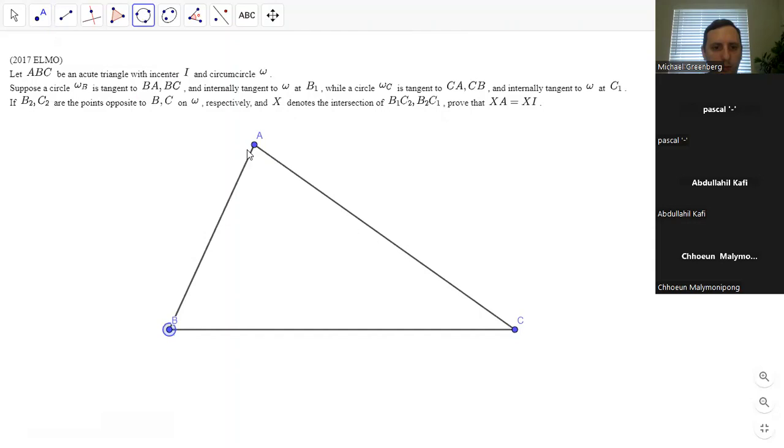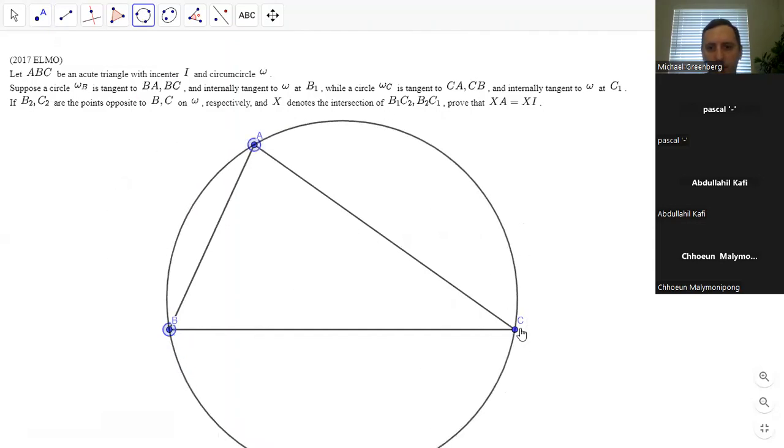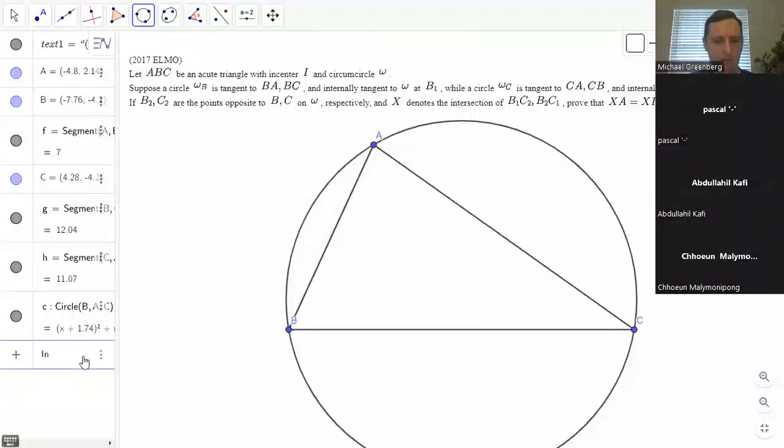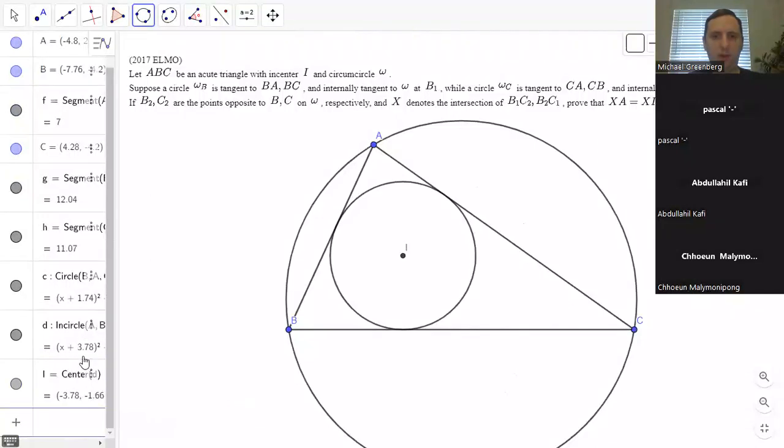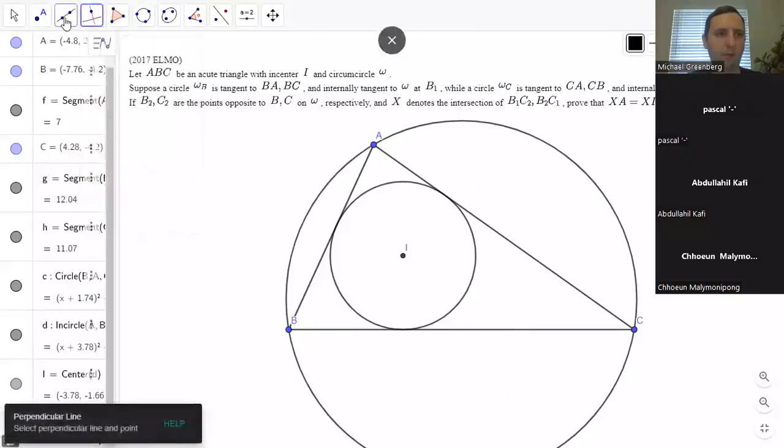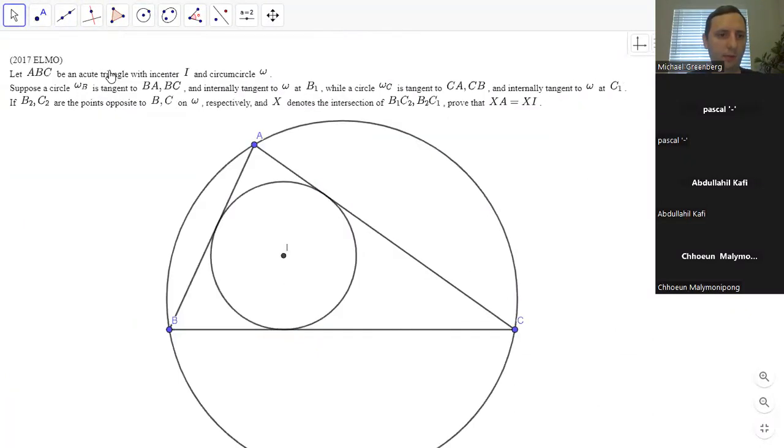We draw the circumcircle and the incenter. Okay, so we need to draw the midpoints of those arcs and the mixtilinear incircles.